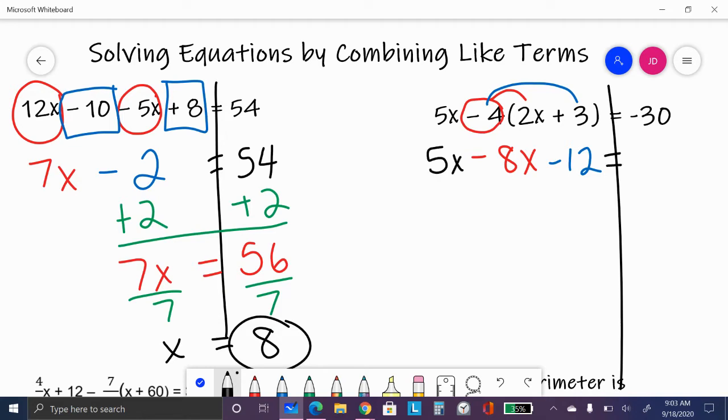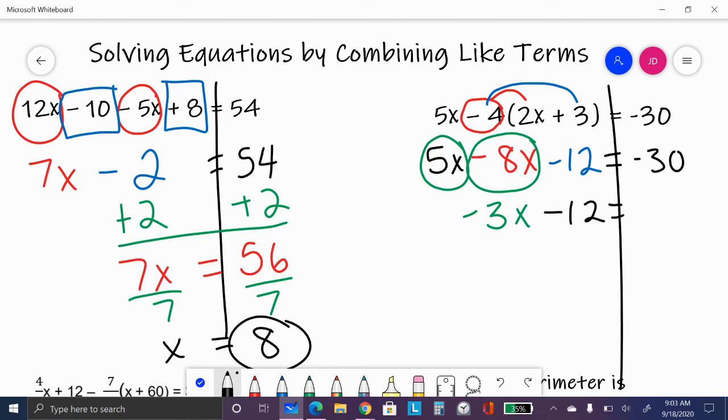Now we're one step closer to solving our equation. We have like terms right here. 5x and negative 8x is negative 3x. Bring everything else down. And now, again, we have a two-step equation we can solve.